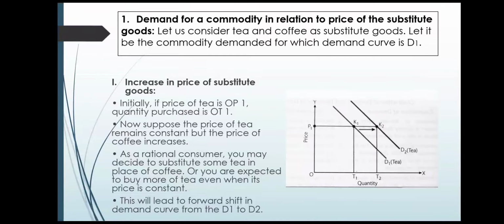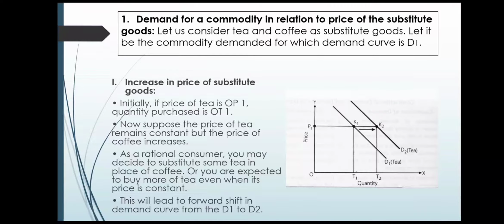This graph is showing you the data of tea. So, increase in price of substitute goods. Initially, if price of tea is OP1, quantity purchased is OT1.